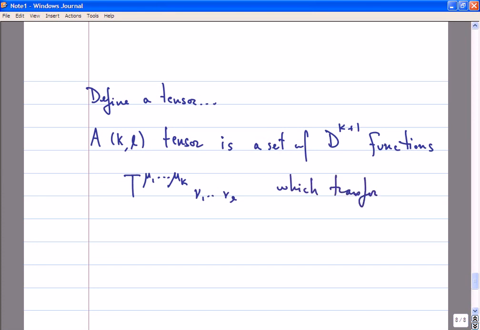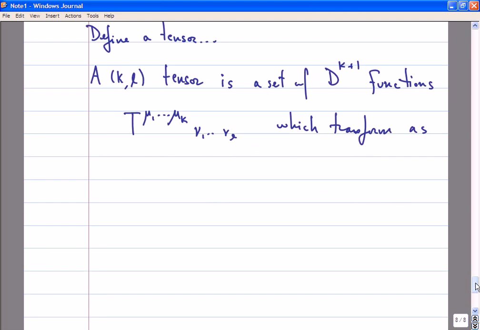If you want to write T in a new primed coordinate system, then it would take the form T^{mu_1' ... mu_k'}_{mu_1' ... mu_L'}.